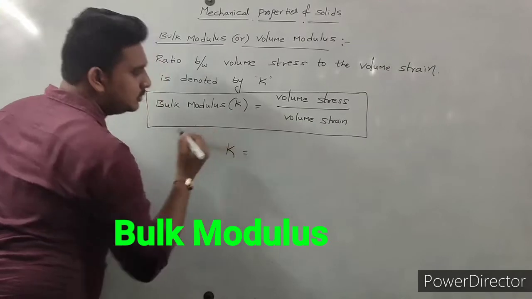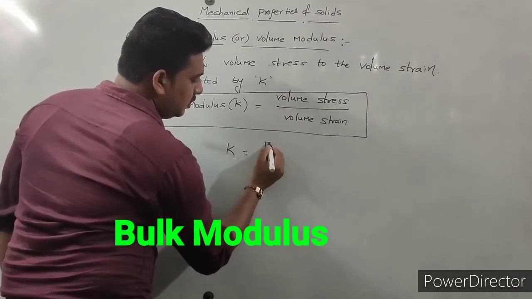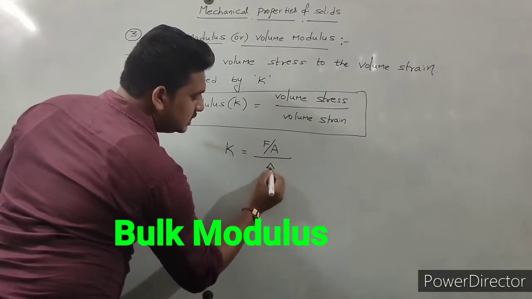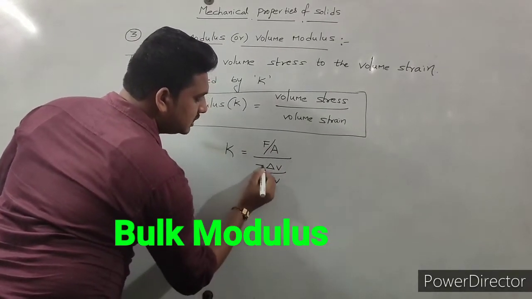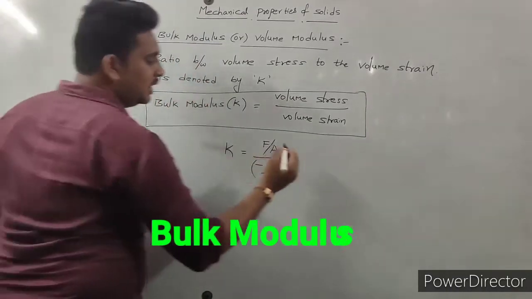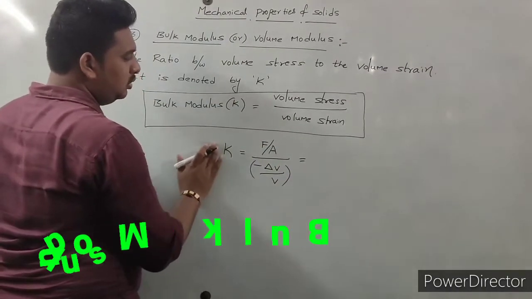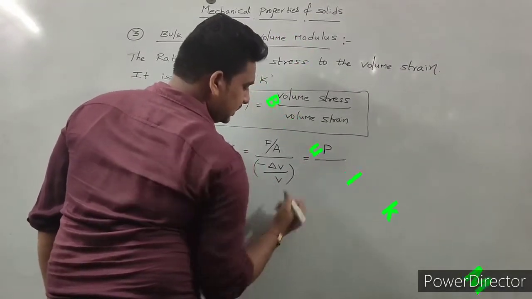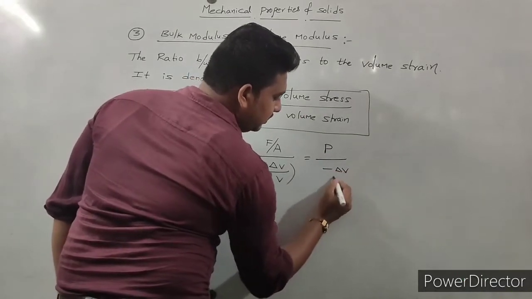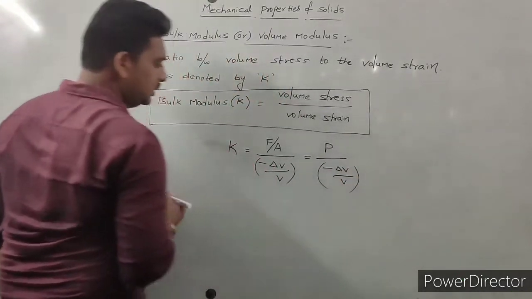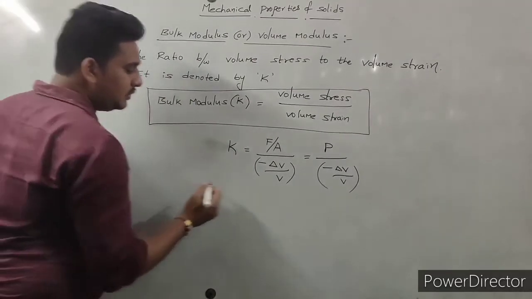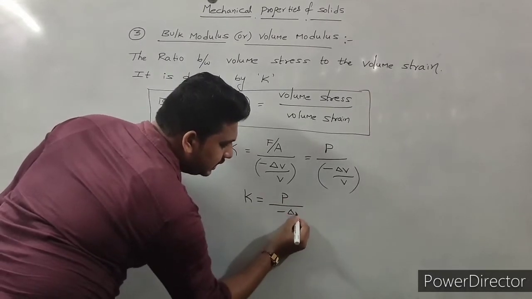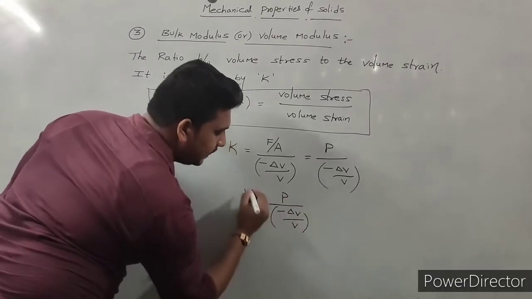K is equal to volume stress, which means force by area, over volume strain, which means change in volume by original volume. This is indicated with a minus sign, and the volume stress is written as pressure P. So K is equal to P by minus delta V by V.